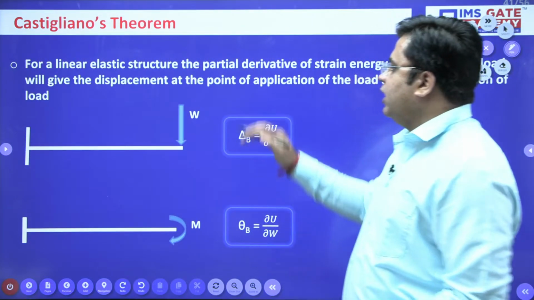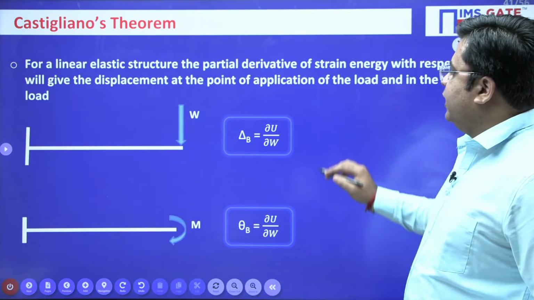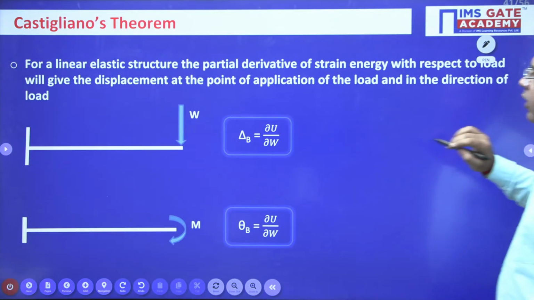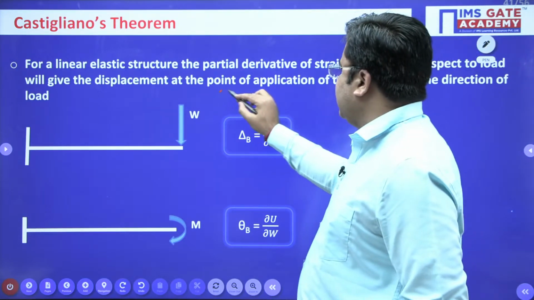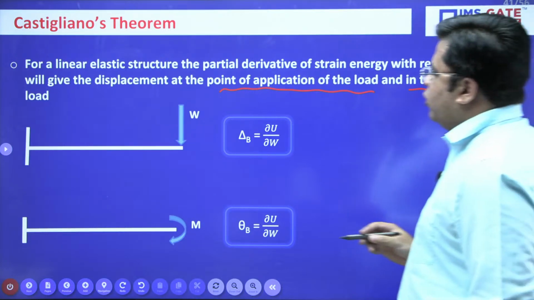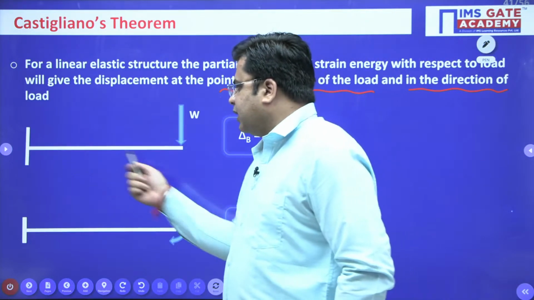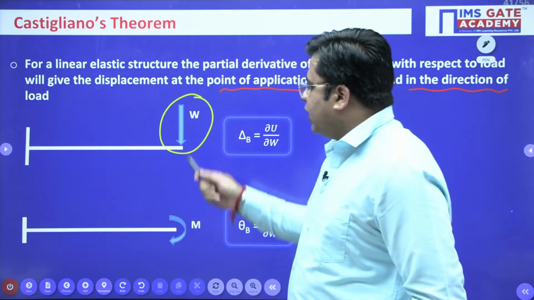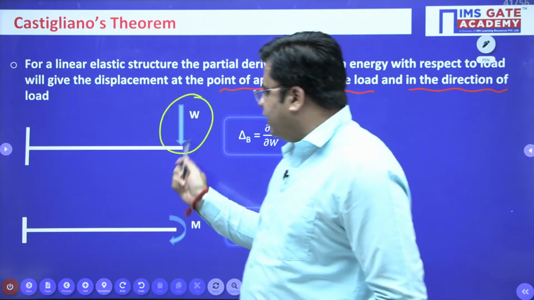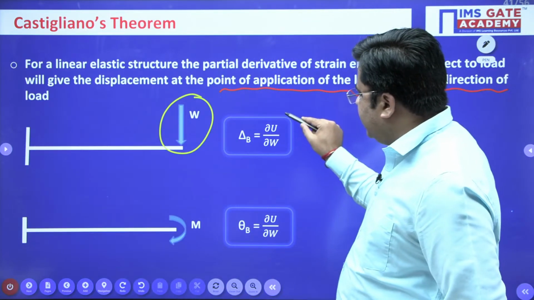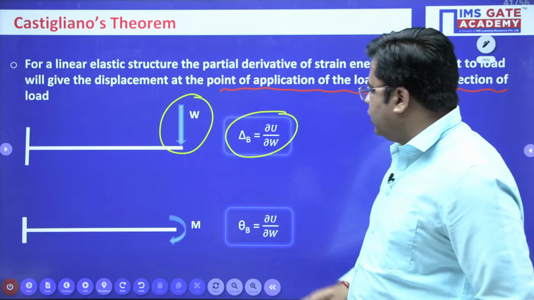So for a linear elastic structure, the partial derivative of the strain energy with respect to the load will give you the displacement at the point of application of the load in the direction of the load applied. So if I consider a structure like this over which a vertical load is applied, I have to just write down the strain energy of this system and partially differentiate the strain energy with respect to this load W.